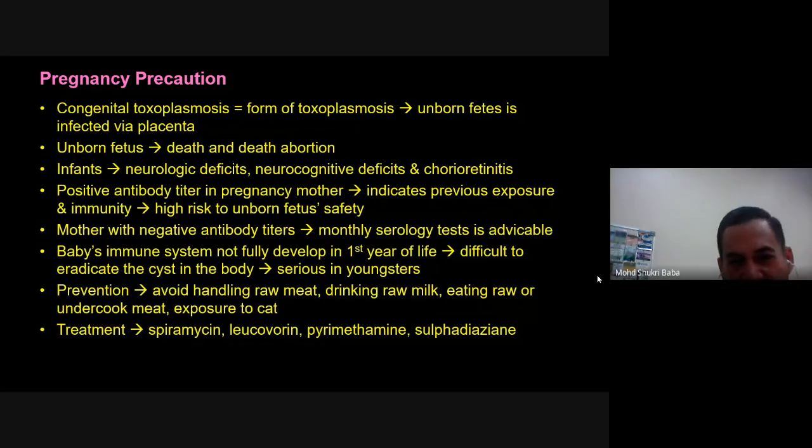Alright, prevention: avoid handling raw meat, drinking raw milk, eating raw or undercooked meat, and exposure to cats. Those are very common preventive measures against toxoplasmosis. For cat lovers who keep domestic cats, you need extra precaution when handling the boxes full of cat feces.